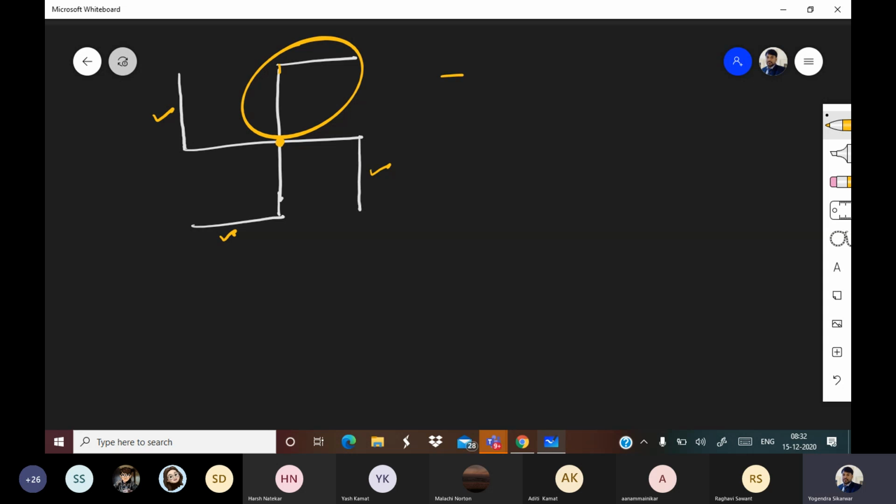So I system is equal to 4 times I of 1. Why 4? Because we have 4 such pieces.